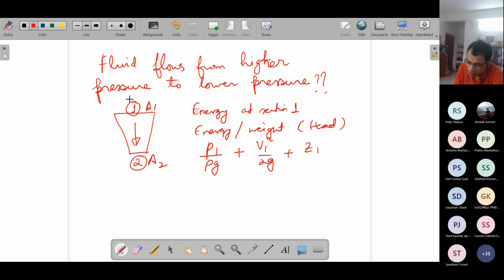If the velocity distribution is non-uniform over this, then the only factor that will change is that you can use the average velocity, but the kinetic energy based on the average velocity will not be the total kinetic energy with variable velocity into account. So you can use a correction factor, kinetic energy correction factor, to represent the kinetic energy. Our point, however, is not that.